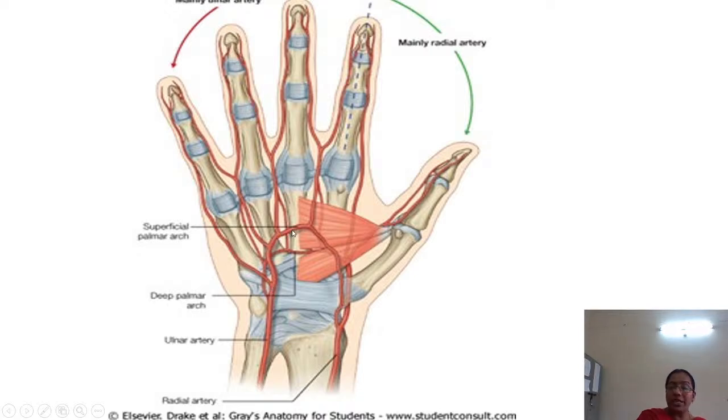It anastomoses, or joins, on the lateral side either with the superficial palmar branch of the radial artery, or the branch going to the thumb, arteria princeps pollicis, or arteria radialis indicis, or the artery which comes along with the nerve, called arteria nervi mediana.